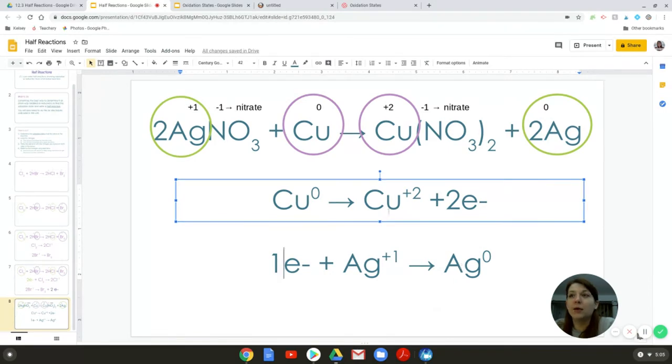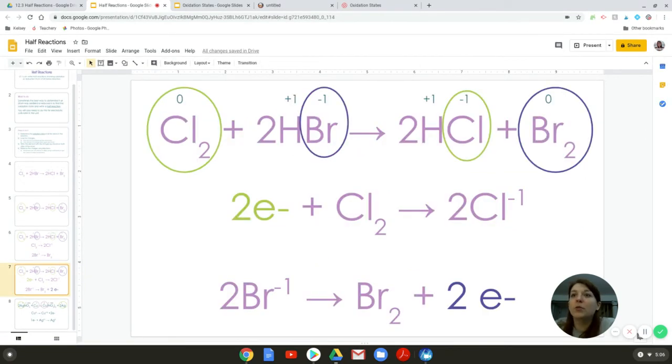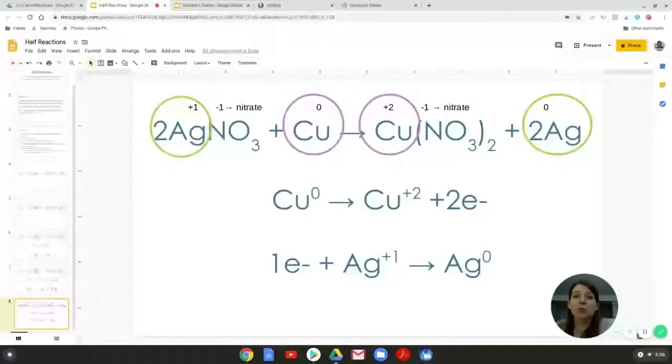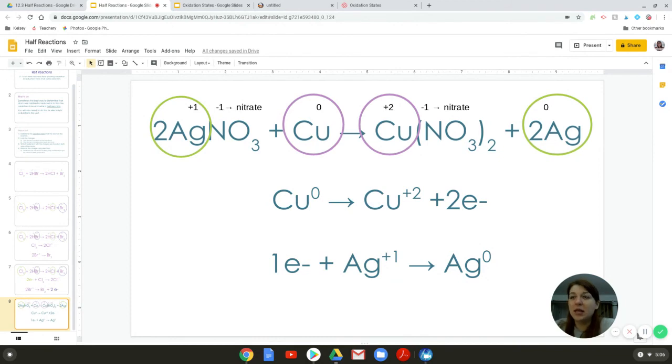Now, something to point out. In this reaction, I want both of my sides to equal 0. In this reaction, I want both of my sides to equal -2. So there's not a straight up protocol on what you need to set it equal to, but just know that you can only add in electrons to help you balance in terms of charge. Okay.